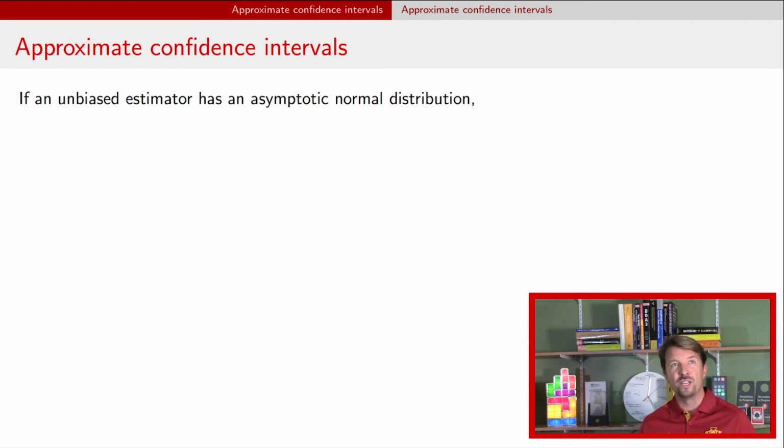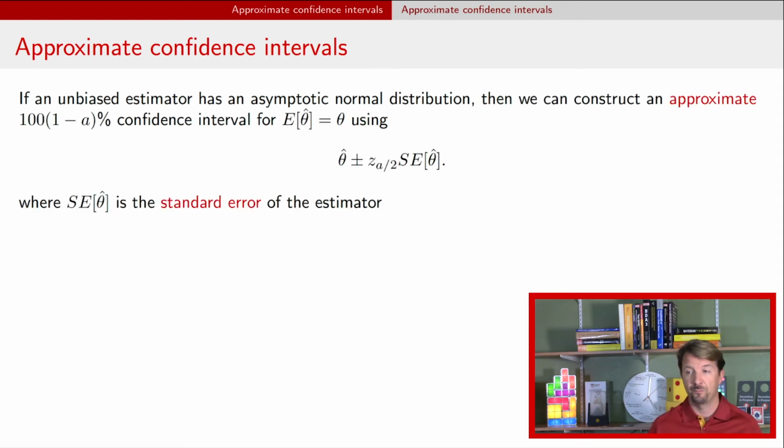Right? So we know that means and averages of IID random variables have an asymptotic normal distribution. And so when the estimator is the mean or sum of IID random variables, then we will be able to use this formula. And most commonly we do so when we're talking about the sample average.